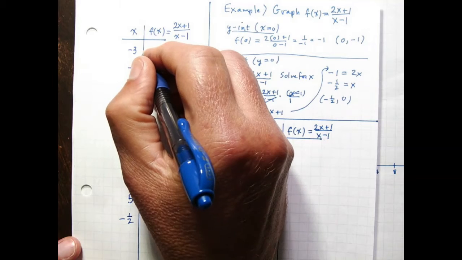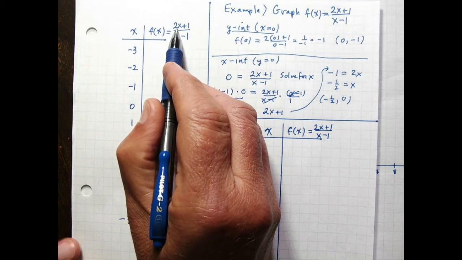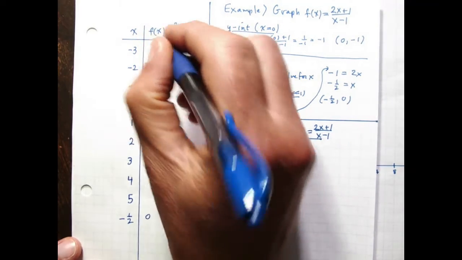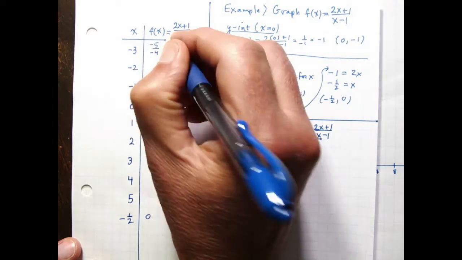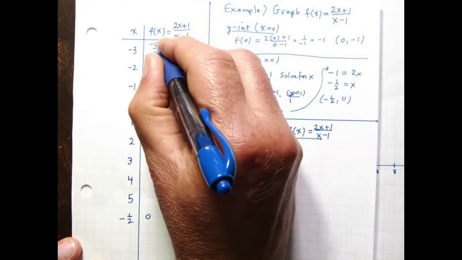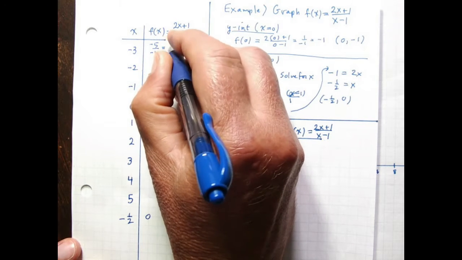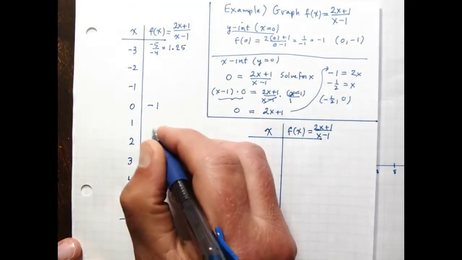When I plug in negative 3 into this function, 2 times negative 3 is negative 6, plus 1 is negative 5, over negative 3 minus 1, which is negative 4. A negative over a negative is positive. 5/4 is 1 1/4, exactly 1.25.